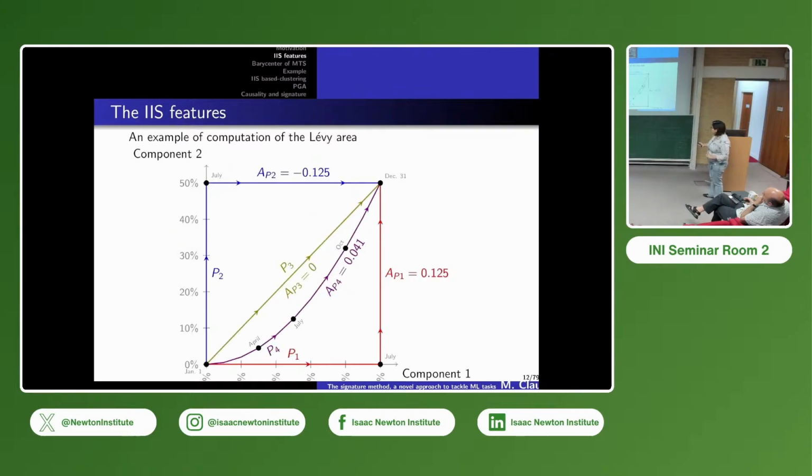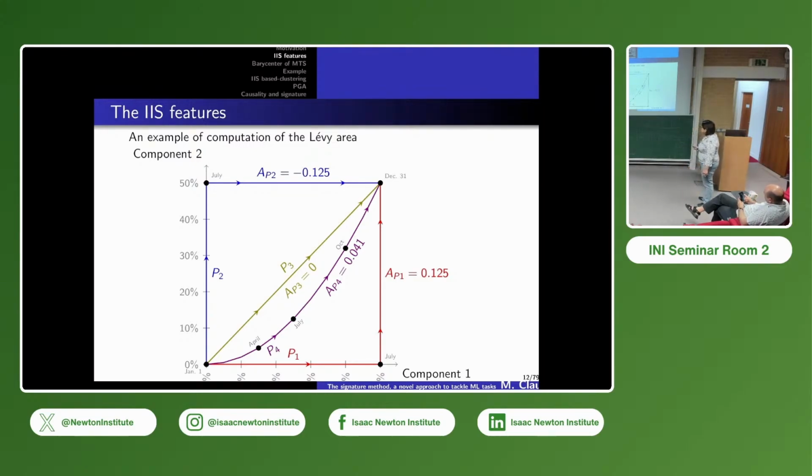What is our intuition on this example, which is only an example? The intuition is that if we have some delay, it can be captured in the skew symmetric part of the signature. It has been used in some papers to test causality as a proxy.